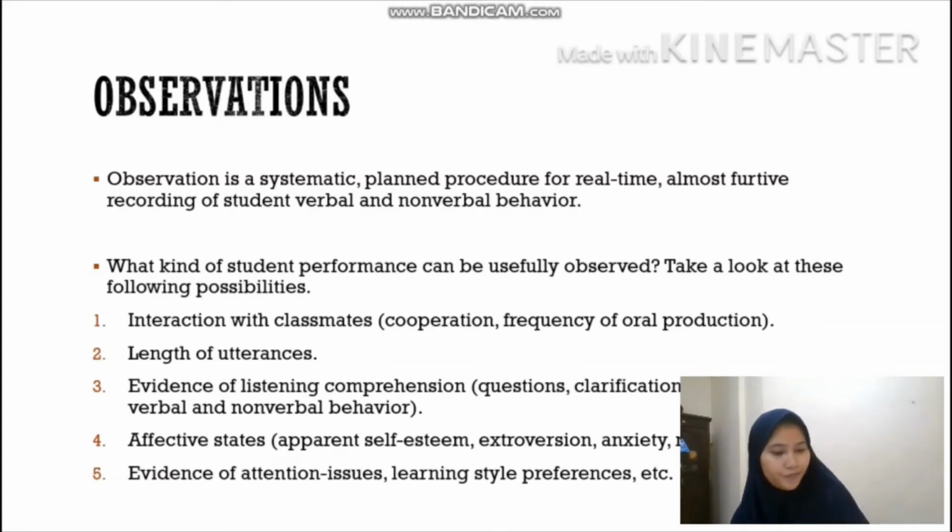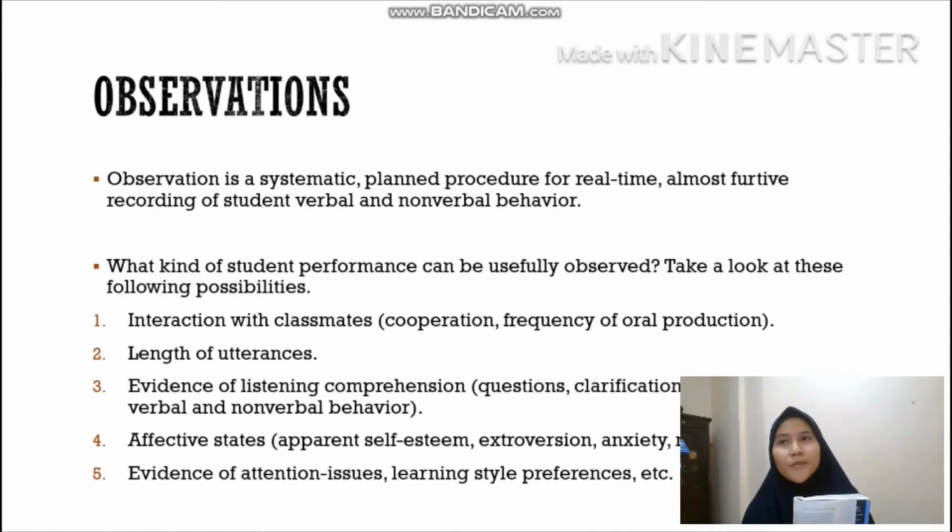Jadi dari salah satu tujuan dari observasi ini, ketika teacher melakukan observasi, tujuannya itu untuk menilai students secara natural, tanpa kesadaran dari siswanya. Jadi teachernya diam-diam mengamati studentsnya.